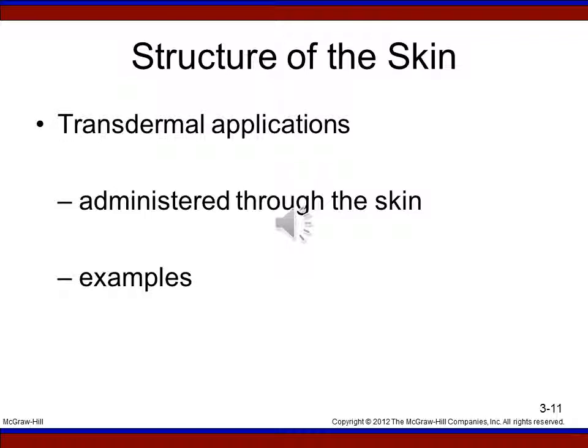Some more examples of transdermal medications include cardiac medication, birth control patches, nicotine patches, as well as hormone replacements, such as testosterone patches. These are the purposes of transdermal applications, to be administered through the skin.